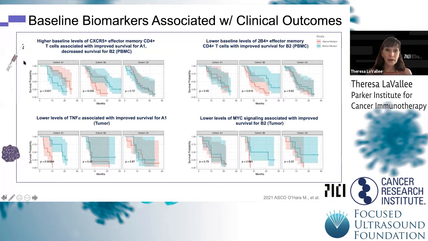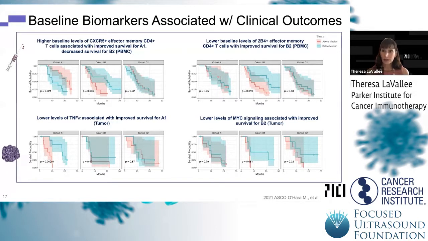So the one characteristic that works for PD-1 treatment does not seem to have a high level correlating with effects for CD40. It's the exact opposite. So very interesting from a mechanistic standpoint, thinking that these two immunotherapies really have very different mechanisms of action.